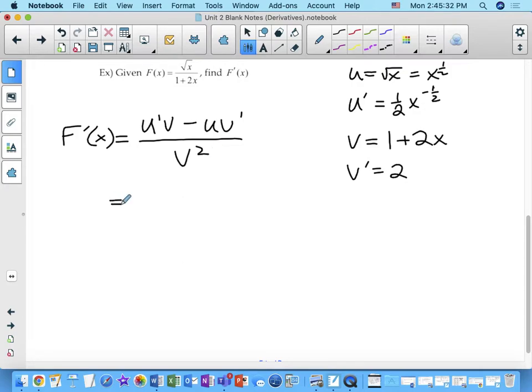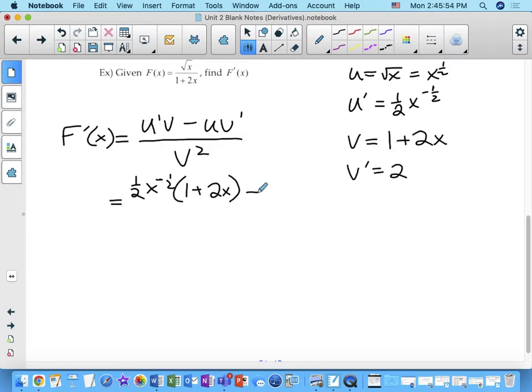Okay, so let's see what that is. u prime is 1/2 x to the negative 1/2 times v, which is 1 plus 2x, minus u v prime.